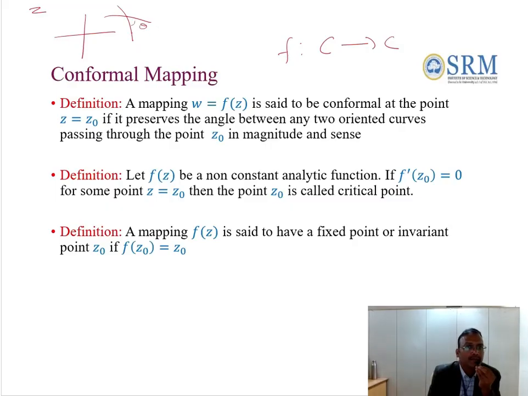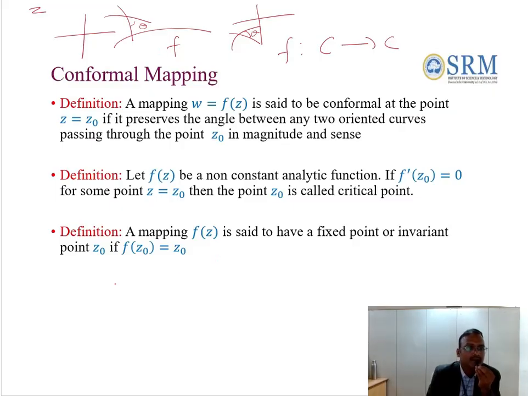Suppose there is a map f from z plane into the complex plane, the w plane, then we'll be having similar curves like this having the angle theta. That's what the map which preserves the angle between any two oriented curves.